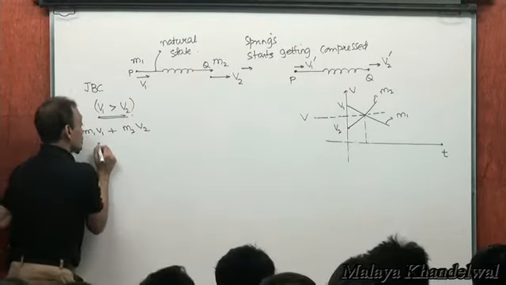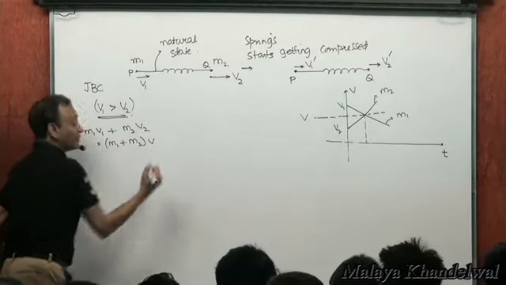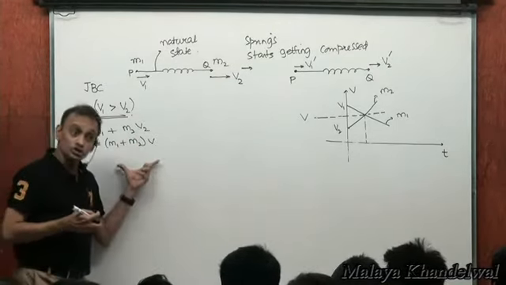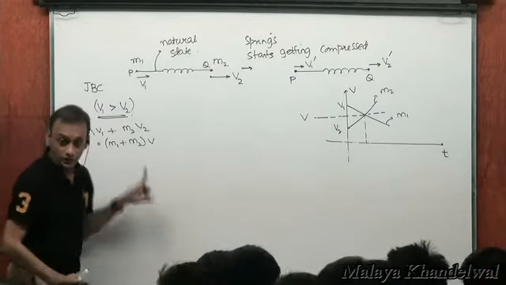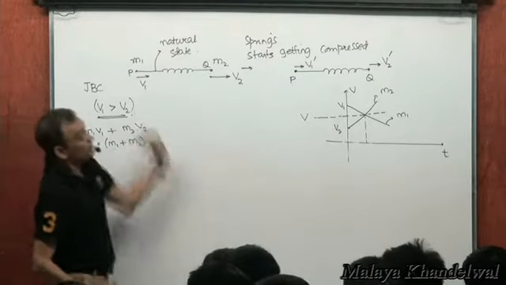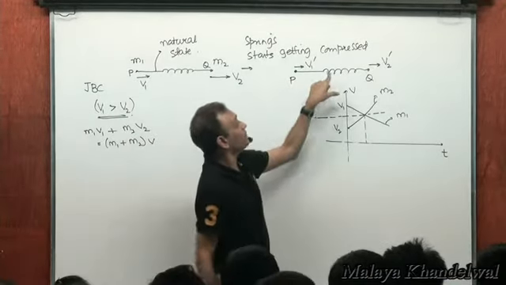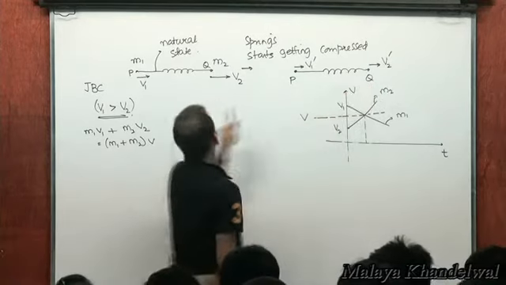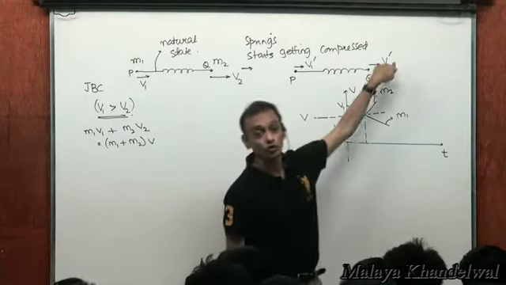That means at that instant the total linear momentum of the system is (m1 + m2) v, and that does not change. This is an intermediate state where the velocities would have become the same, right? Even at an earlier instant, if let's say the velocity of p is v1 prime and the velocity of q is v2 prime, then m1 v1 plus m2 v2 is m1 v1 prime plus m2 v2 prime.